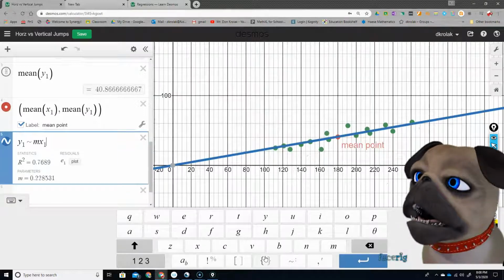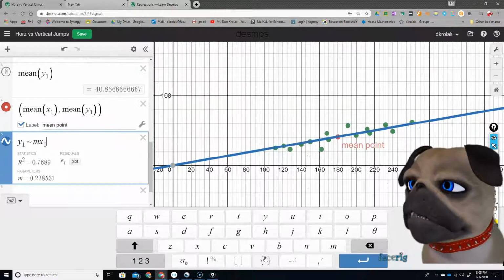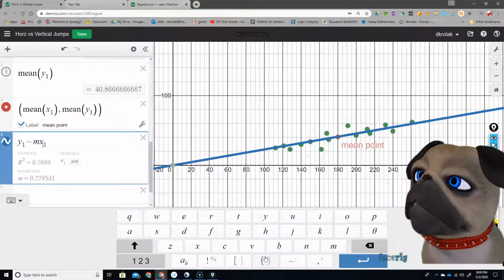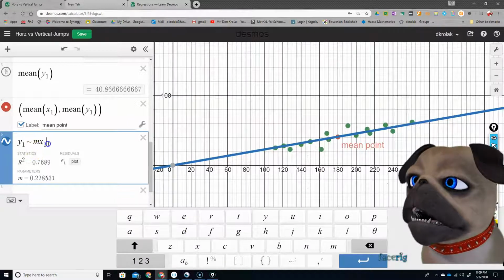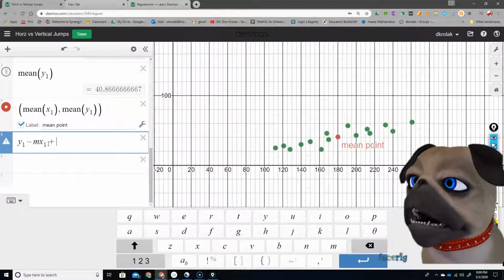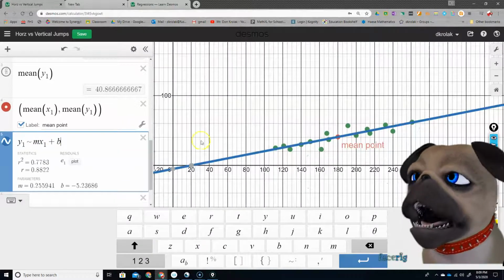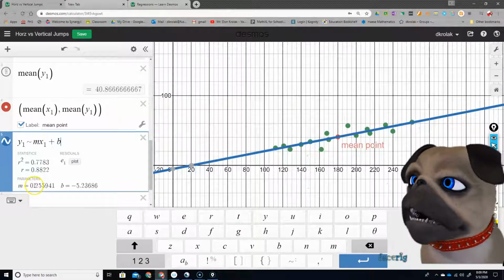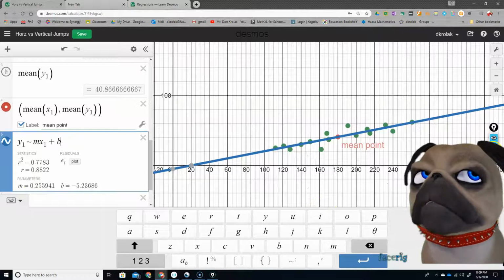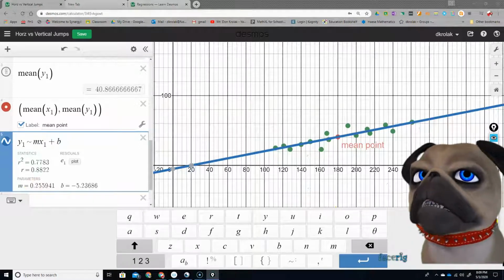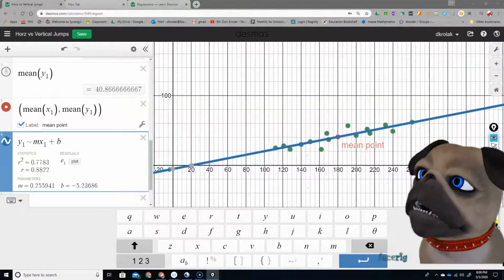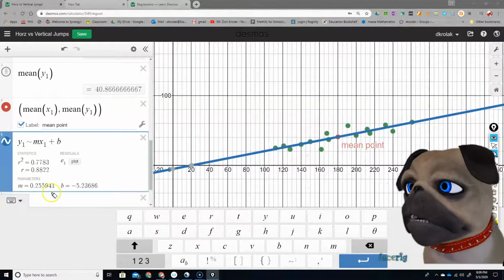x1, because we're just putting in the equation mx plus b. So, plus b, and then that fits it to our data. It gives us the slope, so we can see our slope over here, and it gives us our y-intercept.